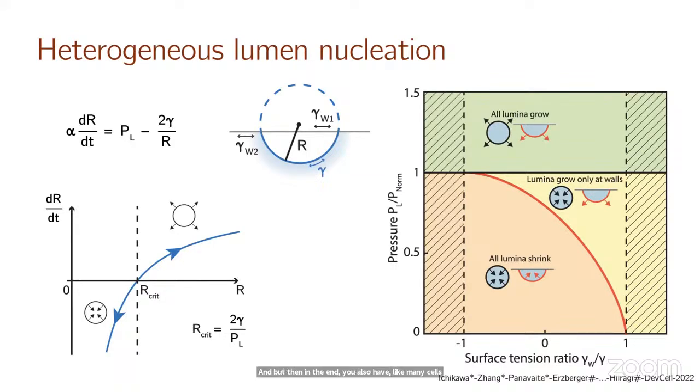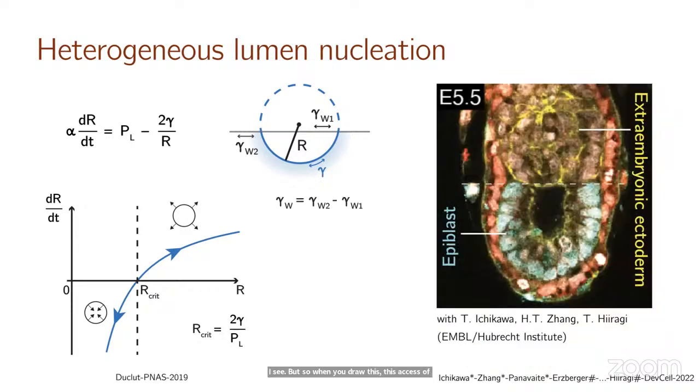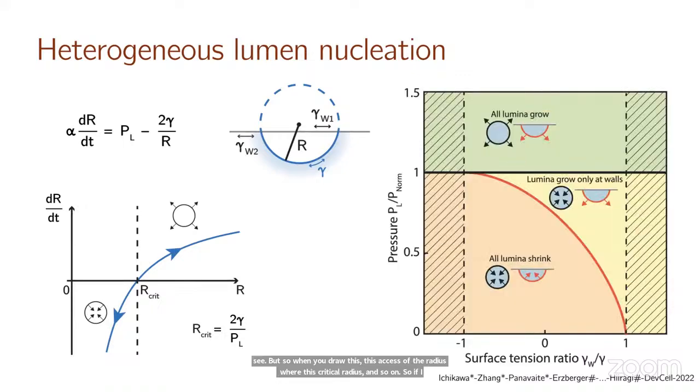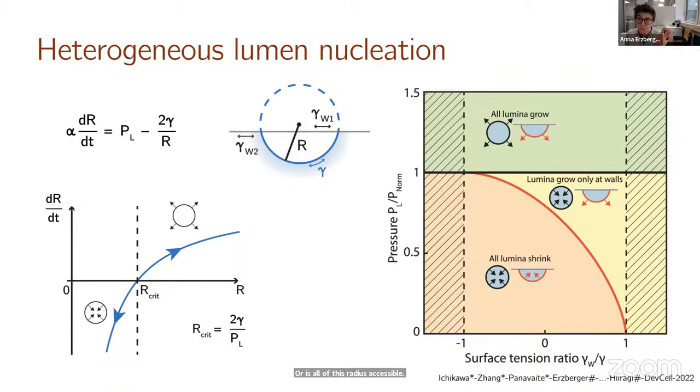I see. But so when you draw this axis of the radius, this critical radius and so on, if I think of classical nucleation theory, but right now you have these surfaces which are your cell walls, and so some radii are not going to be accessible, right? Because of the spatial constraints of the crowding, or is all of this radius accessible? So the description is in a way very effective in the sense that the material that is described here is basically just characterized by these tension parameters.